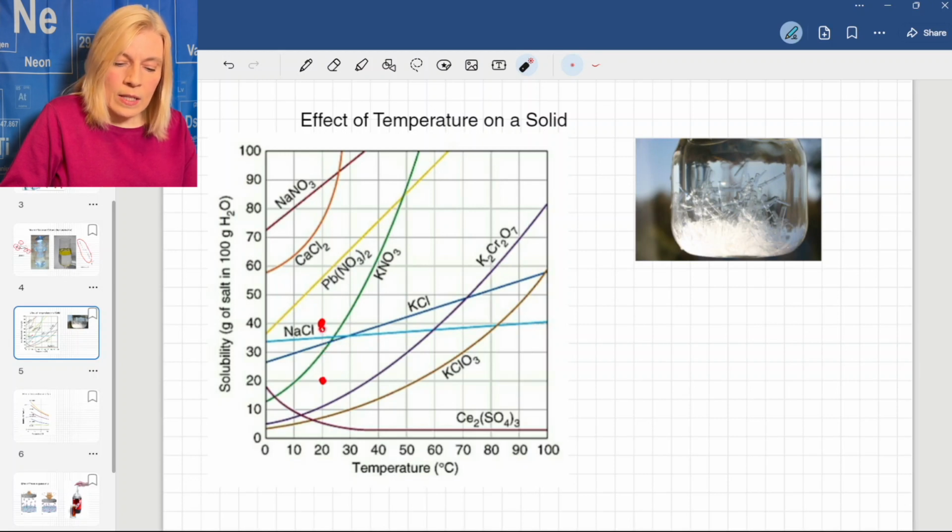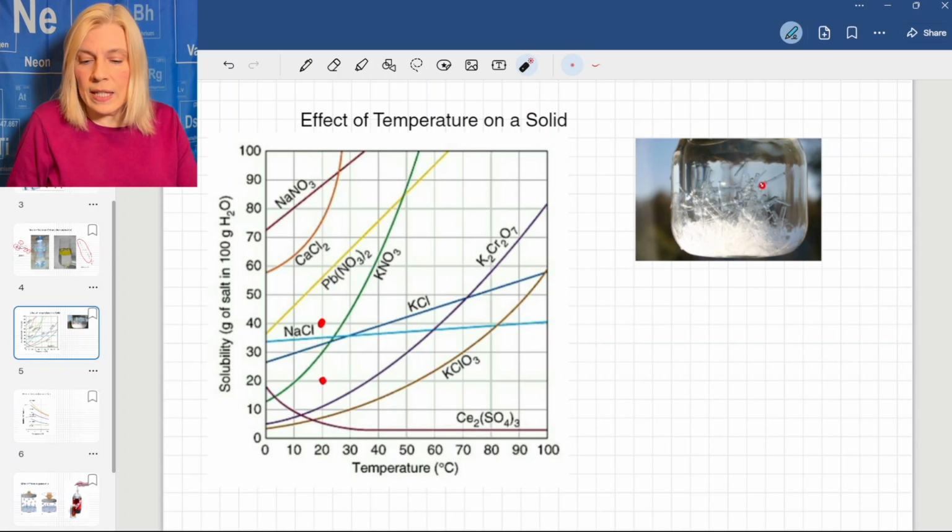And then no more crystals can dissolve. So what I'm going to see is my solution will be saturated, but I'm going to have 10 grams of crystals on the bottom. And no matter how much I stir or how long I stir, they will not dissolve. It will look like this. You will have these crystals on the bottom of a solution.